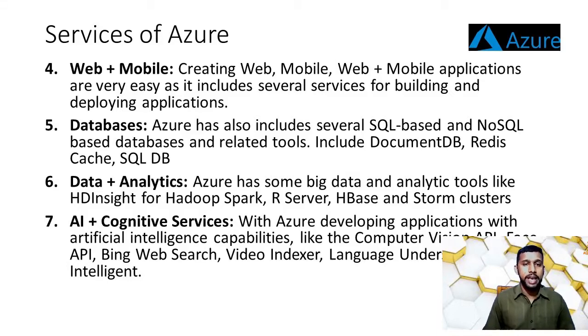The next is AI plus cognitive service. We know that AI we are using everywhere, because there are a lot of applications of AI, especially in our smartphone systems. So Azure also provides application interfaces for developing cloud-based AI applications, especially for computer vision. Computer vision means by using human eyes, we can identify objects when we are seeing.